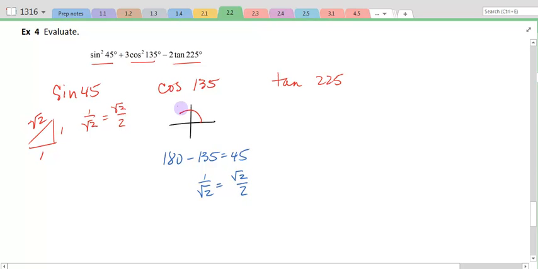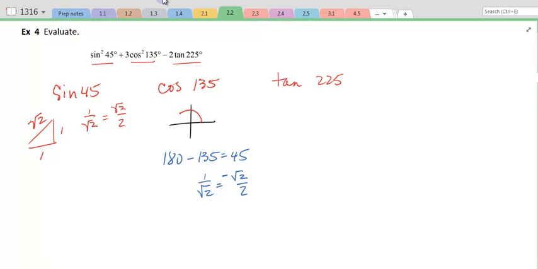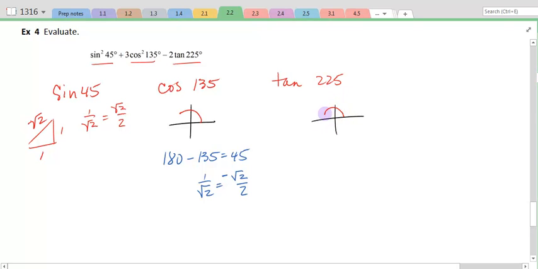But because I'm here in the second quadrant and cosine is negative in the second quadrant, this value should be negative. Now the last one I'm looking for is the tangent of 225. So 225 is past 180 down somewhere in the third quadrant here.